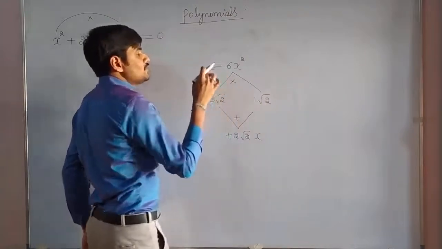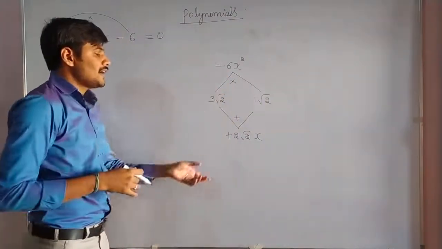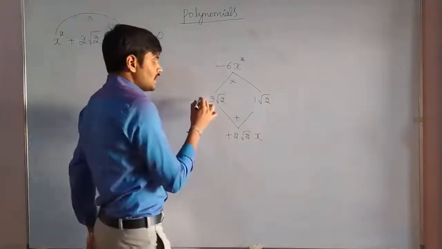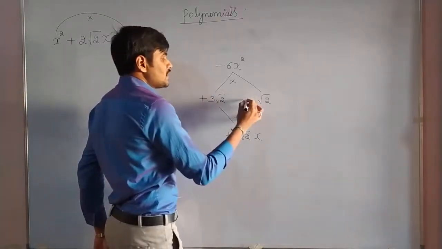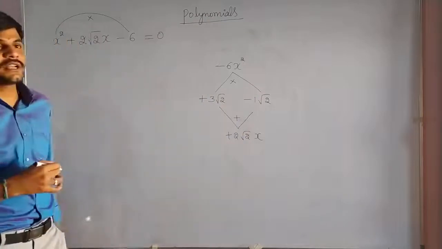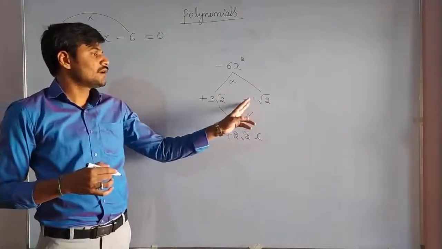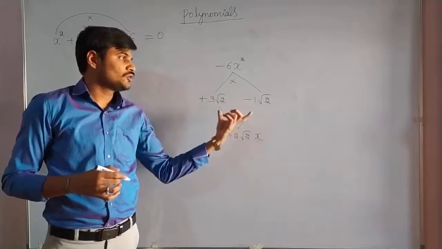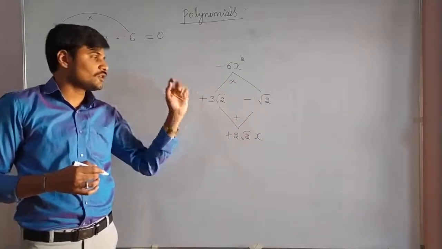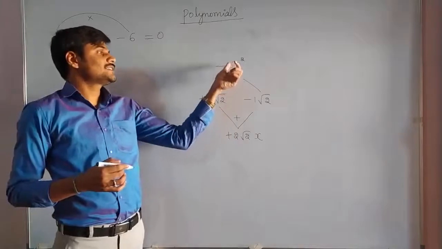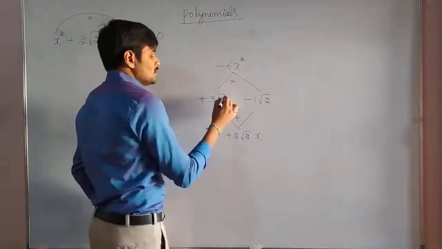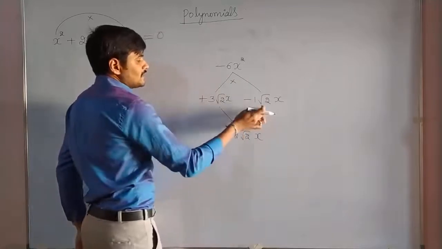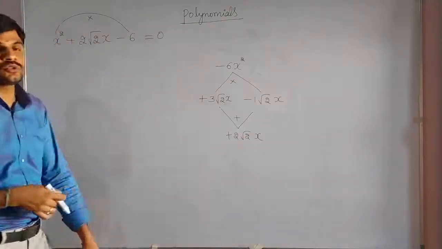If you multiply, you should get minus, and because the middle term has a positive sign, the greater number should get positive sign and the smaller number negative. Multiplying plus into minus gives minus, and 3 root 2 into root 2 is 3 root 4, the square root of 4 is 2, so 3 twos are 6, so 6x square. Now if I subtract 3 minus 1 is 2, so as usual 2 root 2 x.